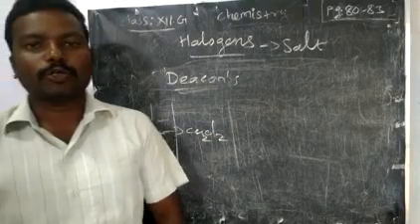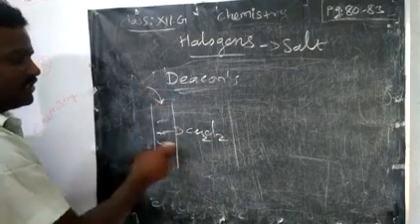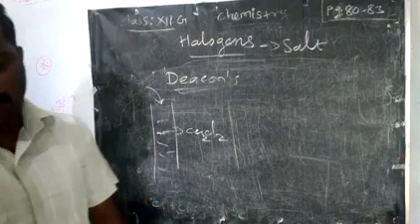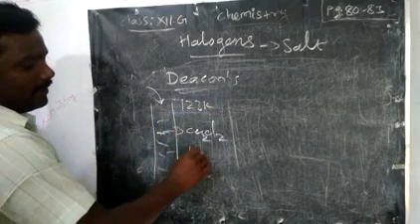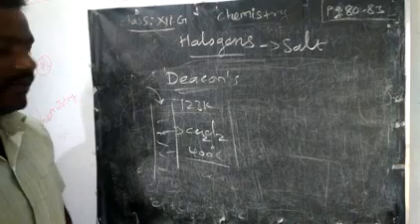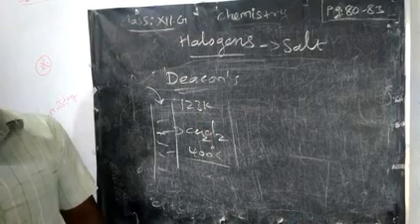The mixture of hydrochloric acid and oxygen is passed over the Deacon's apparatus with the cuprous chloride. The temperature is important: 273 Kelvin, but in the equation it is given as 400. Somewhat there is a difference, but on average we can say 400 degrees Celsius.